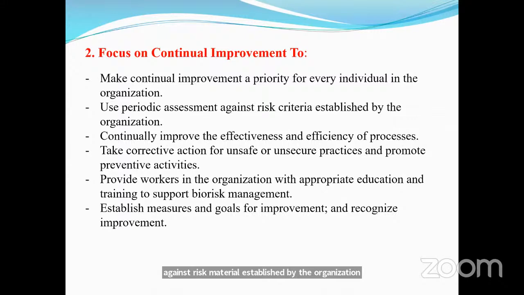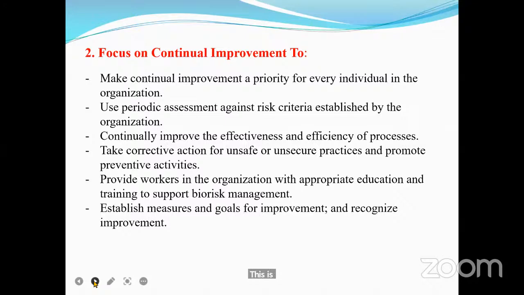Take corrective action for unsafe and insecure practice to promote preventive activities, provide qualified workers, and at the same time provide appropriate education and training to support biorisk management. Establish measures and goals for improvement. This is important, but most important, we have to recognize the improvement all the time. This is very important to achieve the next stage.